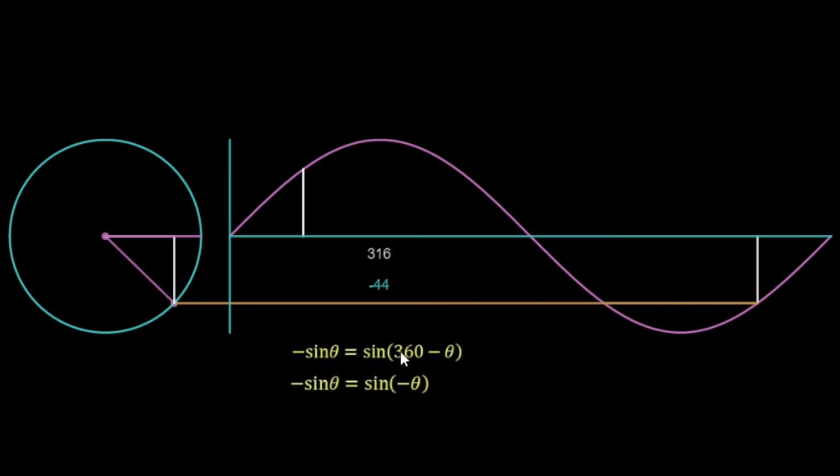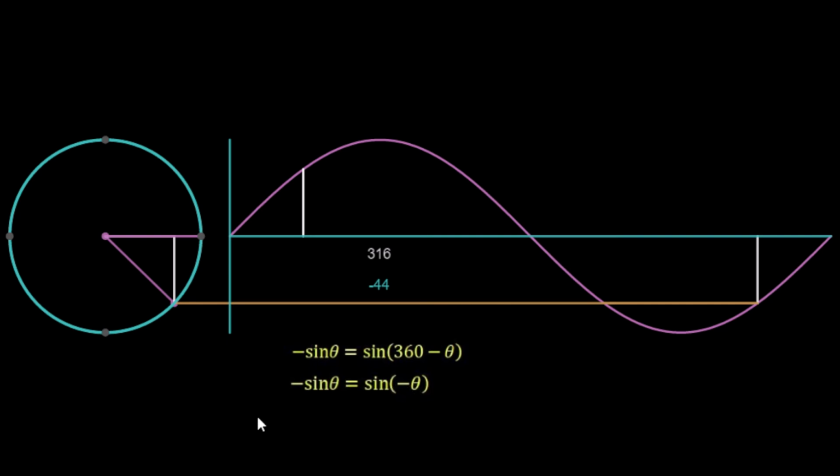And again, this follows directly from the previous identity, because the value of 360 degrees is the same as the value of 0 degrees. They're the same point on the circle. So we can take the 360 and replace it with a 0, and we're just going to be left with 0 minus theta, which is just the same as minus theta.